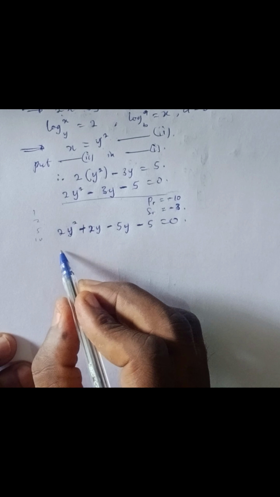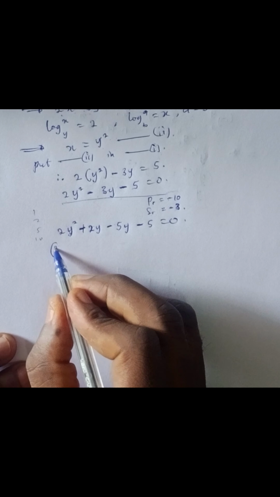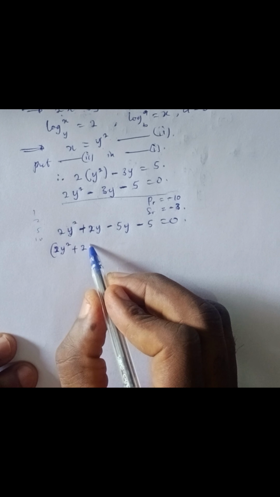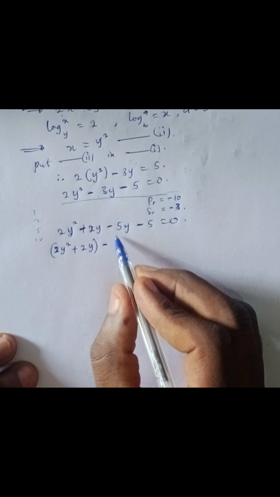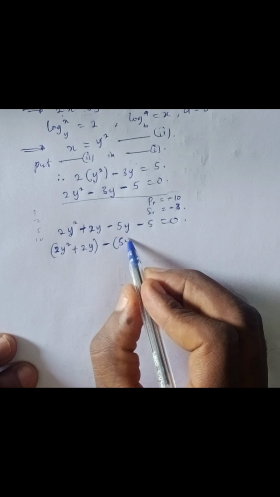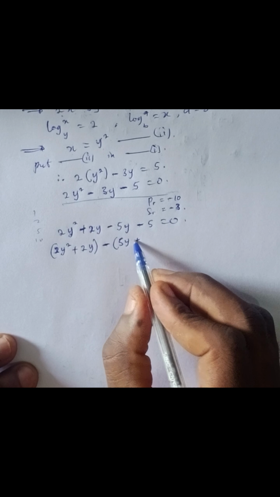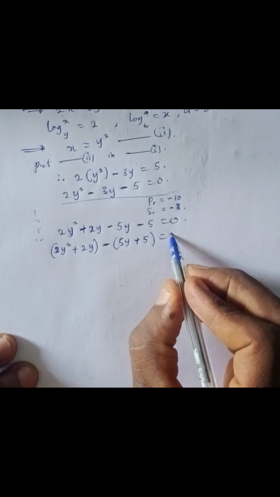By regrouping it, we're gonna have 2y, open bracket, y plus 1, close the bracket, minus 5, take the minus out here, take it out, here will be y, and here will be plus 1, because minus times plus will produce minus, close bracket, equals 0.